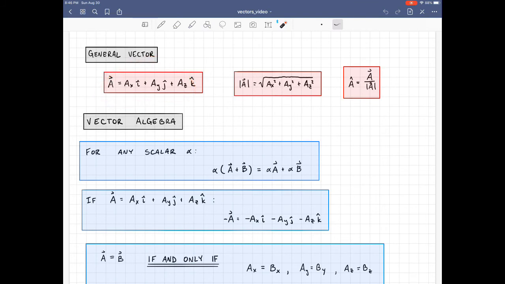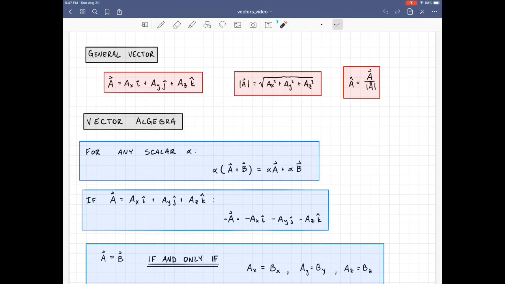If you want the magnitude of your vector, this is the three-dimensional version of the Pythagorean theorem, right? So a squared plus b squared. Typically we do this only in 2D, so that would be equal to c squared, but in 3D you have to take into account the third component. And then the direction of a vector is defined, so a hat, right?